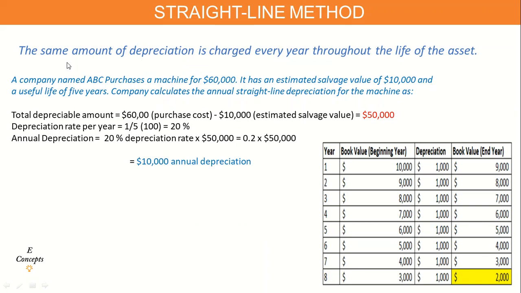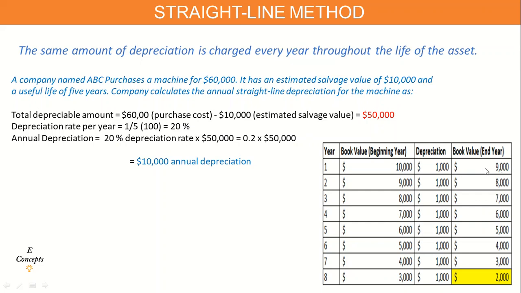First we will discuss the straight line method. This method says that the same amount of depreciation is charged every year throughout the life of the asset. For example, if we purchase an asset for 10,000, after 1 year the amount depreciated is 1000. This is the book value of the asset at the beginning of year 1, and this is the book value at the end of year 1. We subtract 1000 from 10,000 and get 9,000.